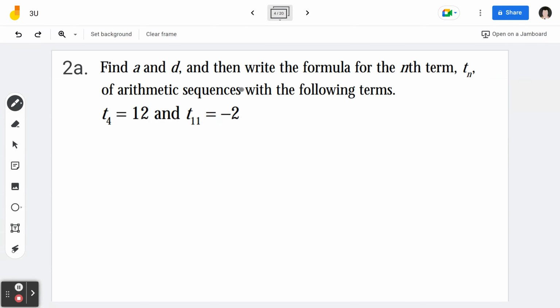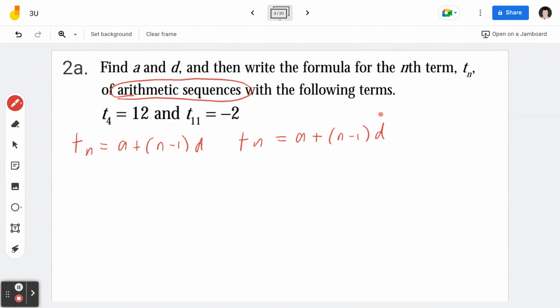So again, in a different color, this is the most important idea. Because we're telling you from the given, this is going to be an arithmetic sequence. Now you can say, oh, arithmetic. I remember Tn equals a plus n minus 1 times d. Again, I'll write it one more time. Tn is a plus n minus 1 times d.